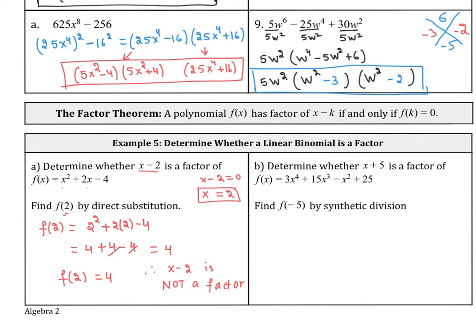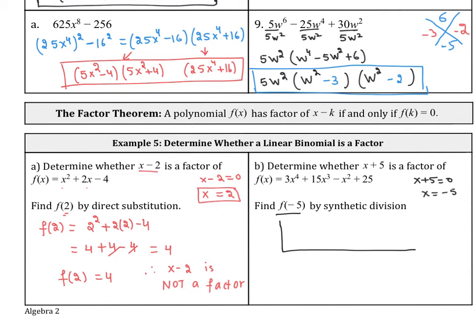Now you're going to check if x plus 5 is a factor of this polynomial or not. Now we're going to use the opposite of x plus 5, so the x value is actually going to be -5. So we're going to find f of -5 using synthetic division.